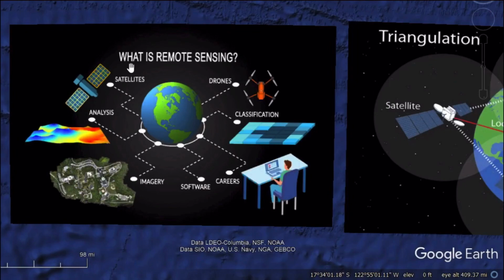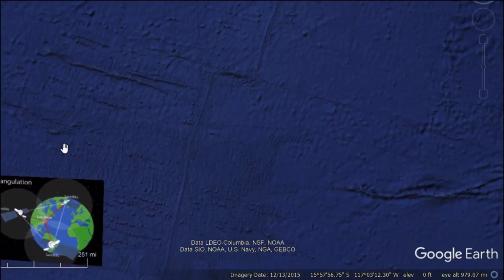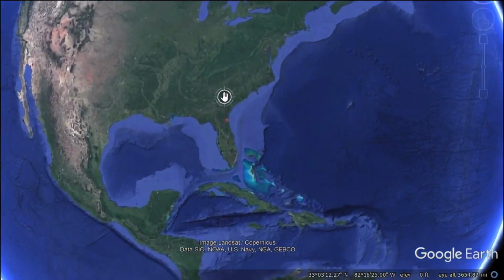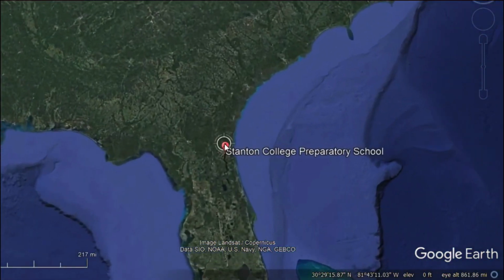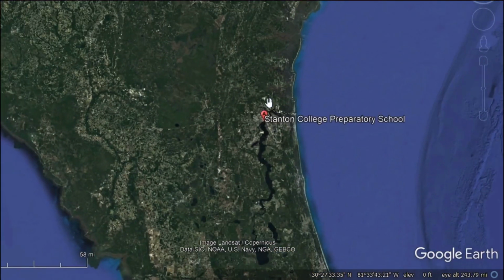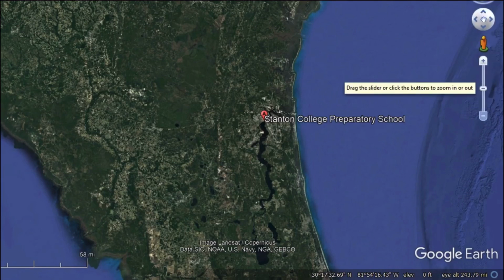Basically, you make Google Maps from remote sensing. There were satellites in space that took a picture of the map that I'm showing you right now. That's all remote sensing is. It's not that complicated.